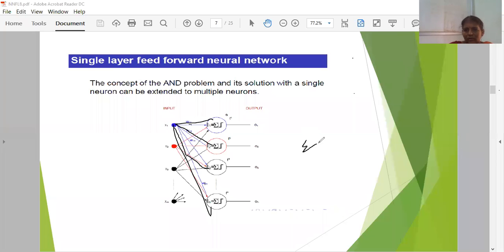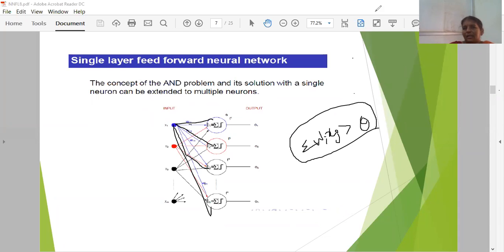Summation of W into X. Okay, suppose you are considering Wi and Xj, is it greater than theta? In every case, whether you are considering 2, 3 or 4 neurons for solving the same AND problem, you need to cross check this condition. Whenever this condition is satisfied only, your output will be high.